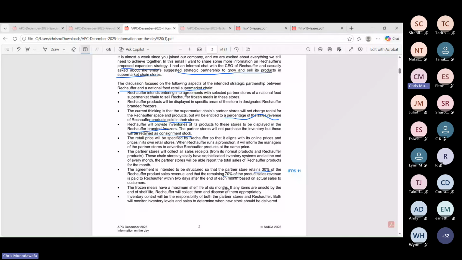So confirm the pick up the IFRS 16, but IFRS 16 yacho pane pairikuitika writing off. It's a percentage of the sales revenue. So the moment it's a percentage of sales revenue, it's no longer a payment. In terms of IFRS 16 team, what constitutes a lease payment?